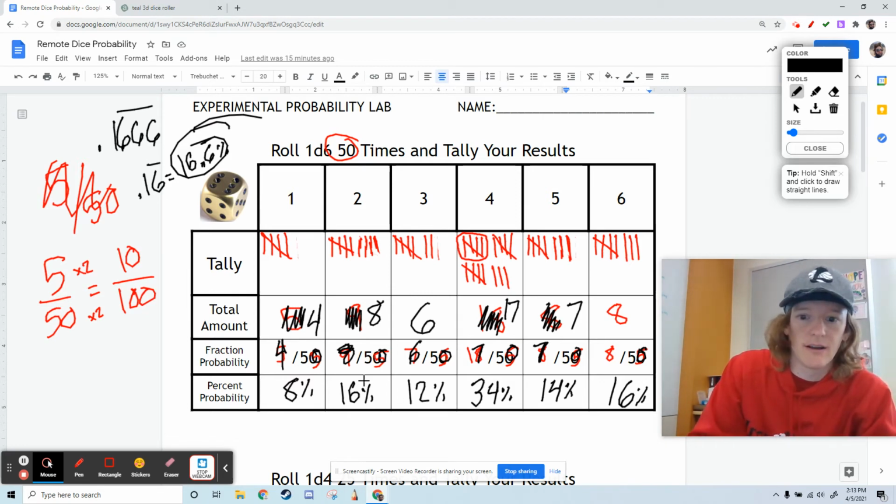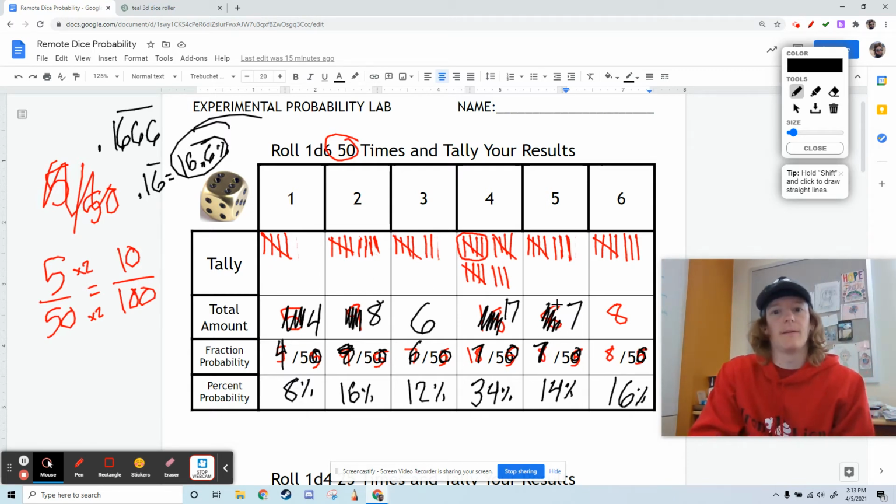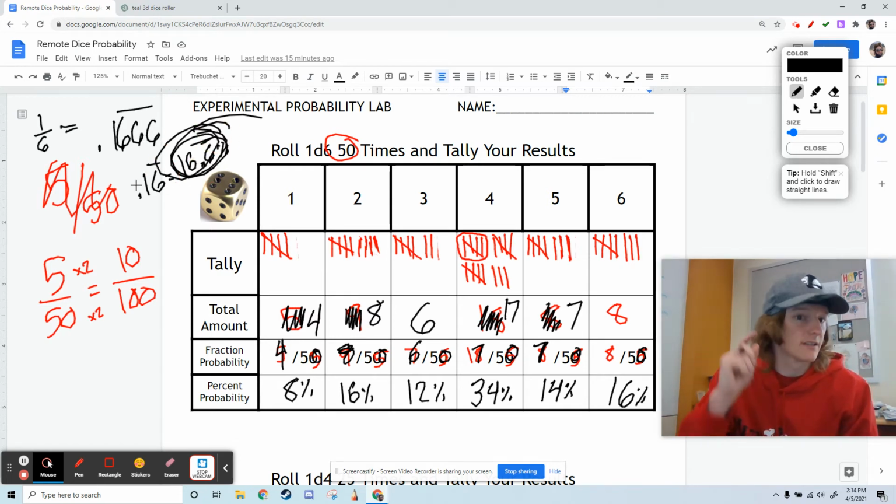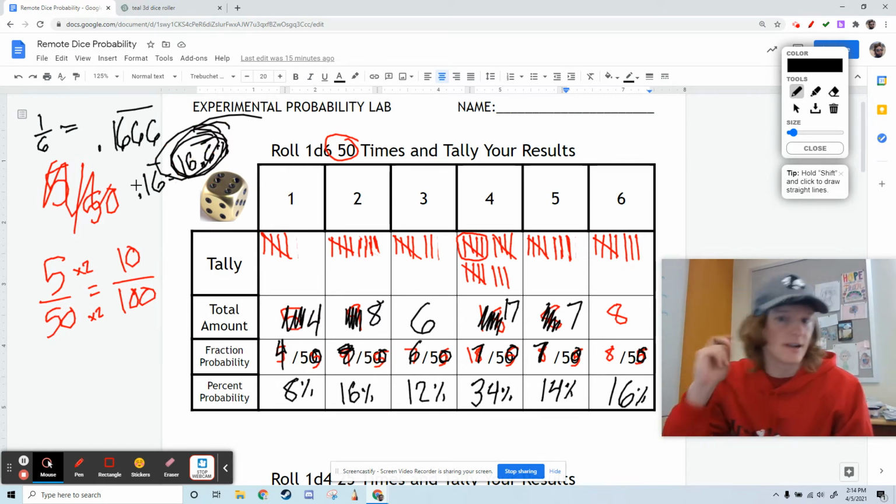Notice we've got 2 of them that are about 16. We've got a really high one, but we have a really low one to make up for it. Okay. Ideally, theoretically, which is our next chapter, theoretically we should be about this, because 1 out of 6, 1 divided by 6, it should happen about 16, 17% of the time.